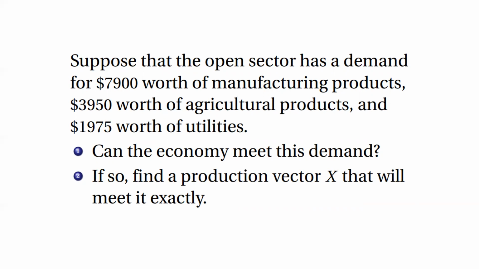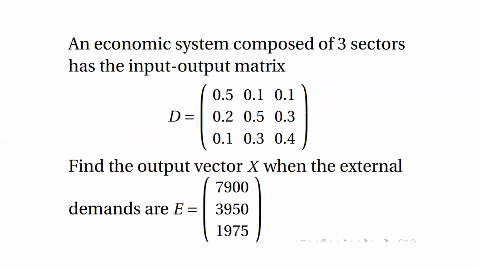Can the economy meet this demand? And if so, find a production vector X that will meet it exactly. An economic system composed of three sectors has the input-output matrix D; find the output vector X when the external demand is E.